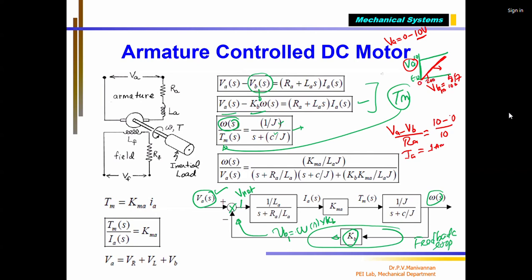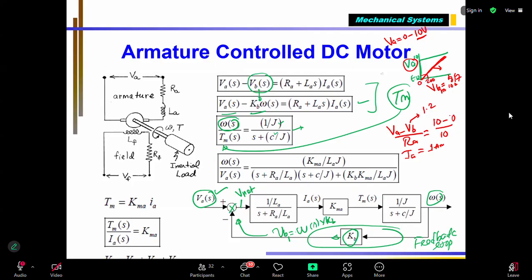Say it becomes 200 RPM. VB may be 1.2 volts or 1.4 volts. The 10 volts is already there, so 10 minus 1.2 divided by 10 is my IA. That is 8.8 divided by 10, equal to 0.88 amps.